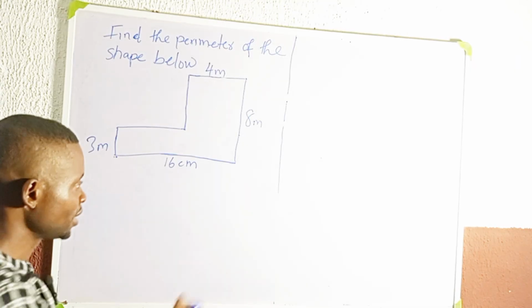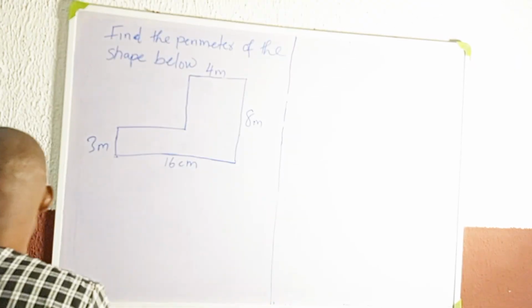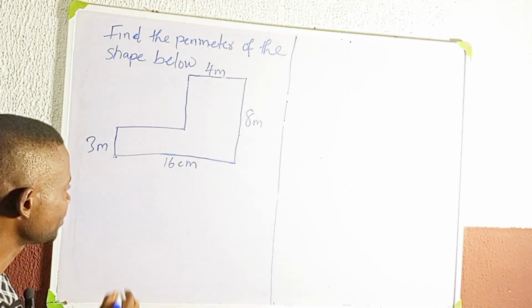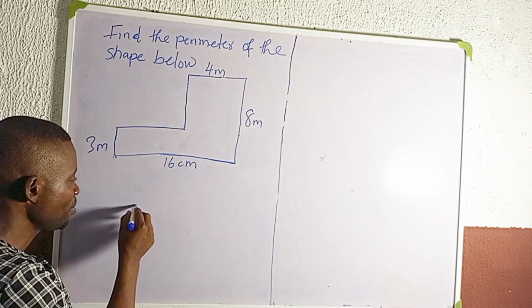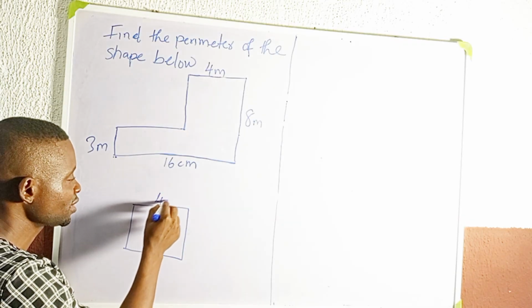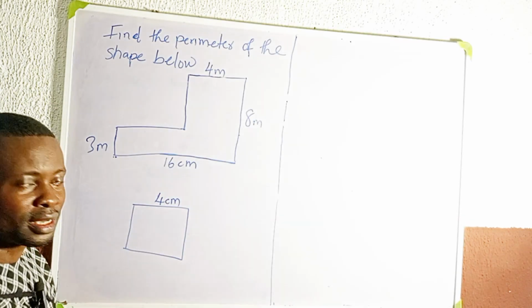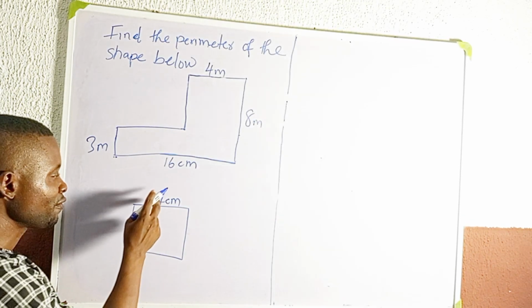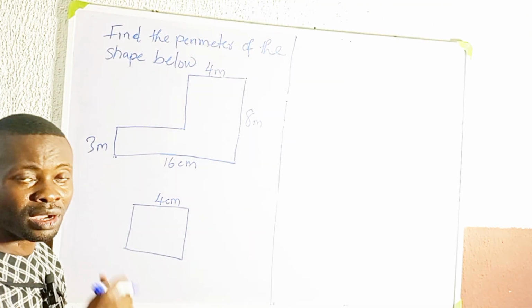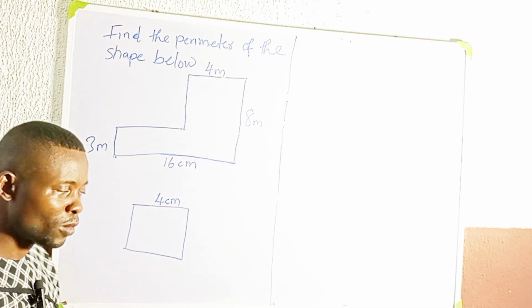Now, if you are asked to find the perimeter of a shape that is square, square means that all the sides are equal. Perhaps the side is 4 cm. All you need to do is to say 4 times 4 because it has 4 sides. And if it is a square, all the sides are equal.